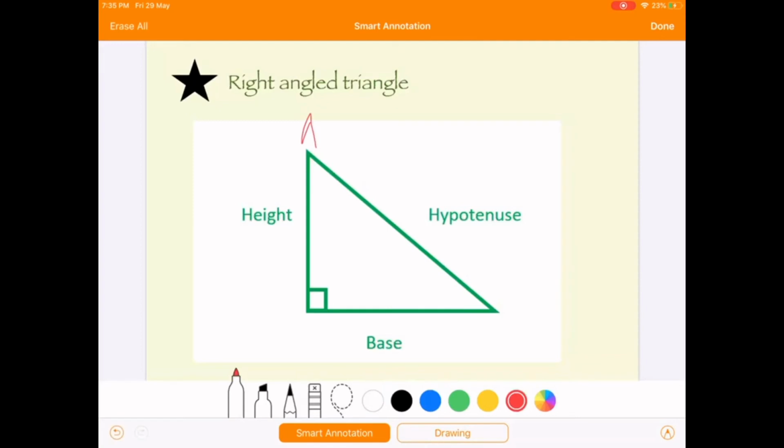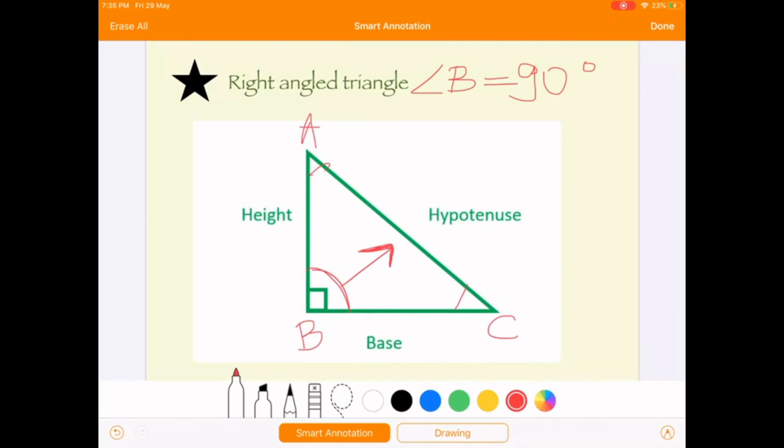Let us assume this angle as A, this as B, and this as C. Angle B, if you see, is 90 degrees. We don't know about angle A and angle C. The side opposite to the 90 degree angle is AC.